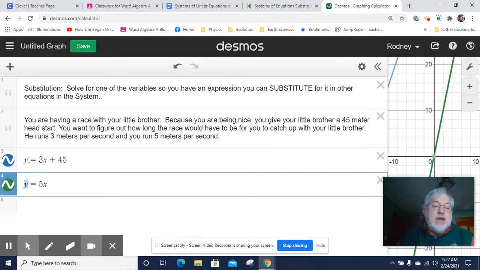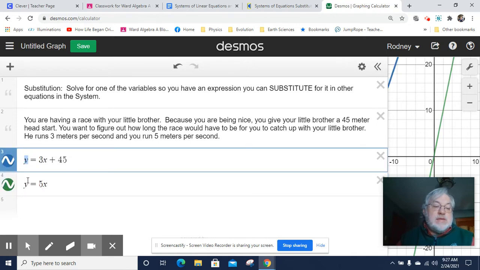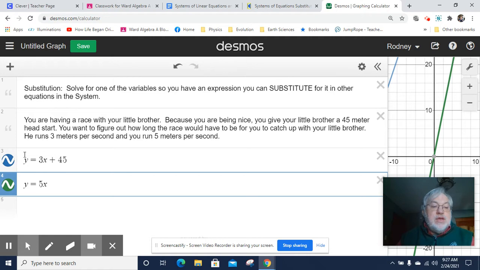So what you wanted for catching up, y needs to be the same. Now in this case, you already have a variable isolated. So we need to know what x would be when y is the same. If y is the same and y equals this and y equals that, then we could actually say this equals this.